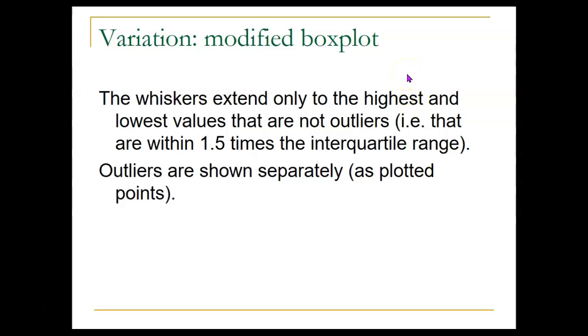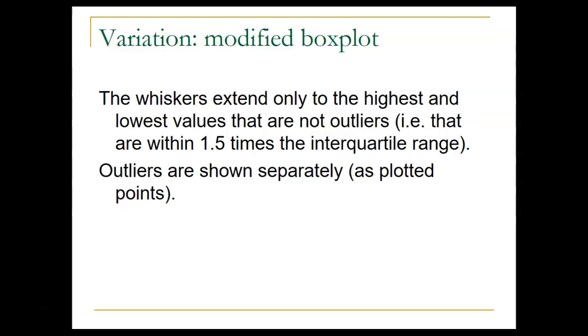And before we do that, I'll just mention there is a variation on a box plot that you will sometimes see. I won't ask you to do this, so this isn't something that you officially have to know about as part of this course, but you might see these if you go looking at box plots that have been published in various places.